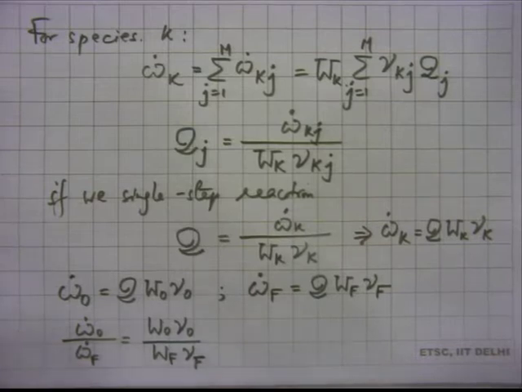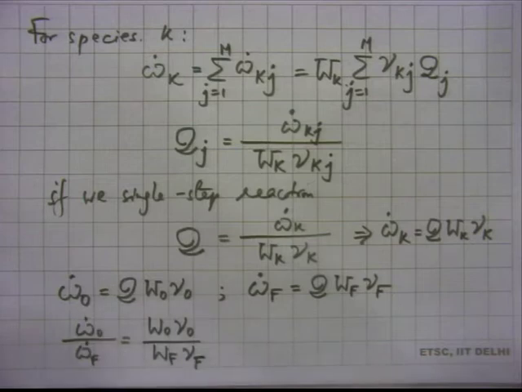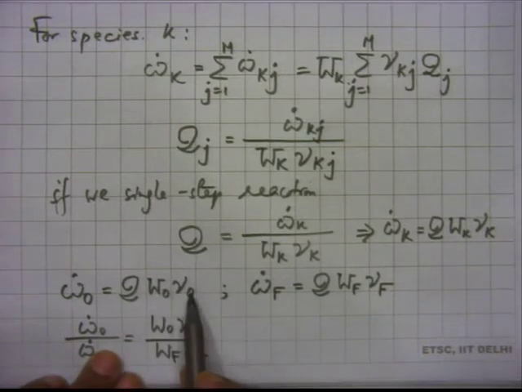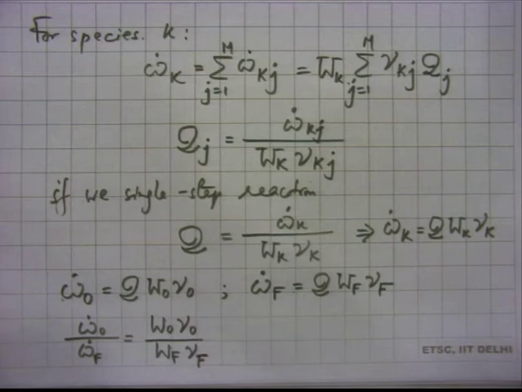So, you can see the role of this capital omega. Capital omega multiplied by a few things will give you omega dot for individual species. This capital omega multiplied by Wo nu O gives you omega dot O. This capital omega when multiplied by Wf nu f gives you omega dot f. Okay, so, that is the advantage.